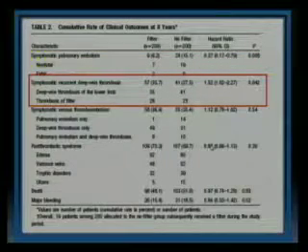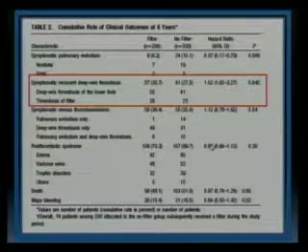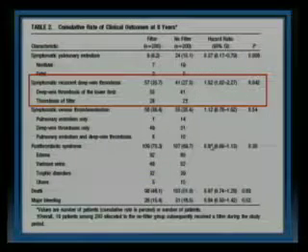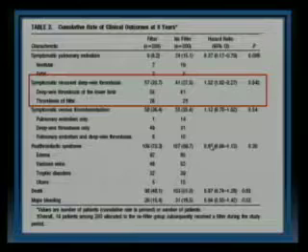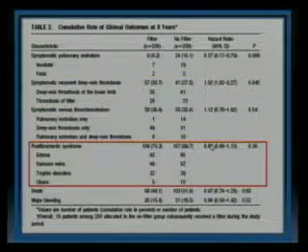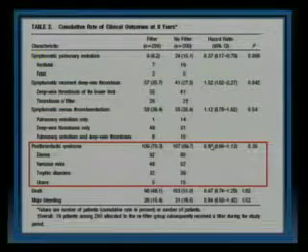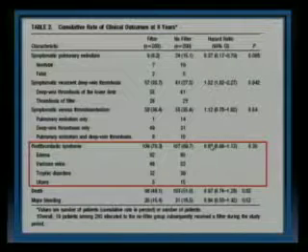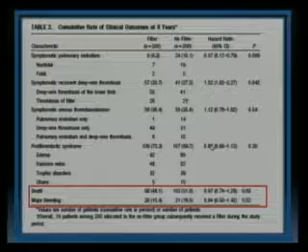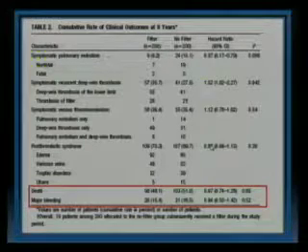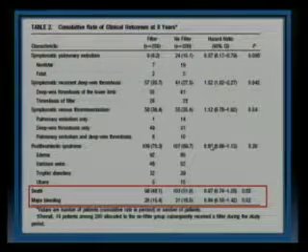When you look at DVT or recurrent DVT, the difference between the two groups is also significant, 0.042, which is less than 0.05, being more common among the filter group. And then post-thrombotic syndrome, there's no significant difference between the two groups. And mortality and major bleeding, there's no significant difference between the two groups, the p-value being more than 0.5.